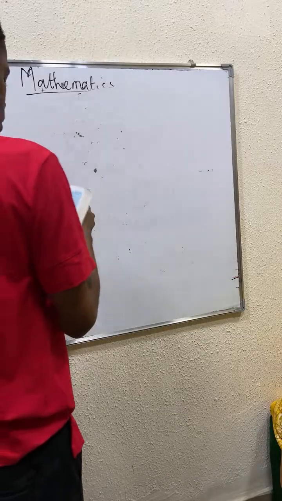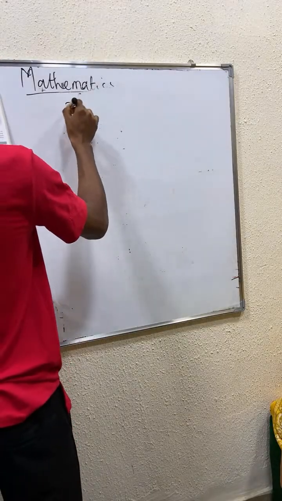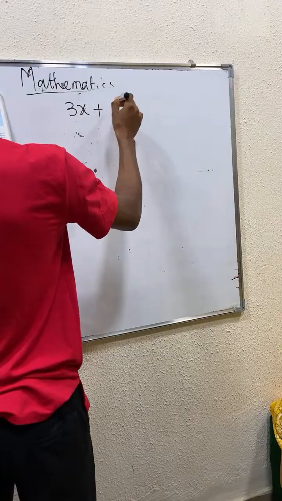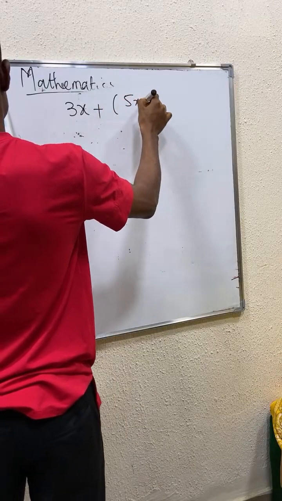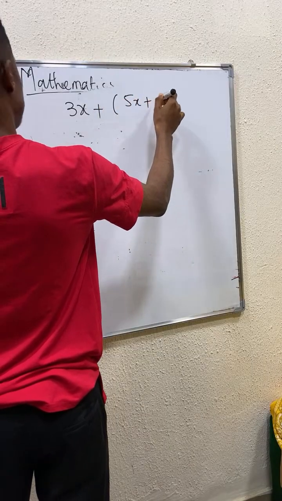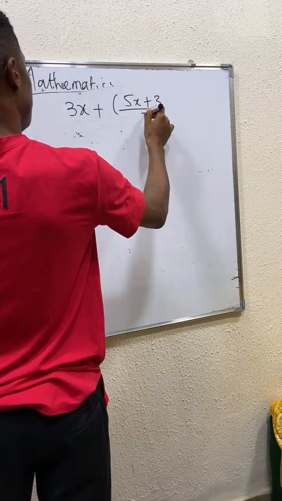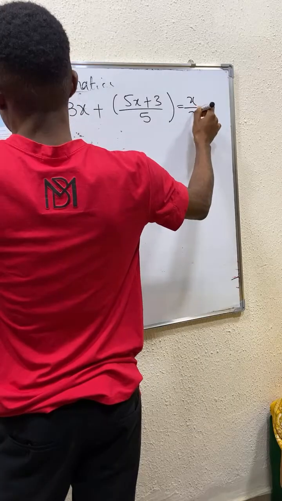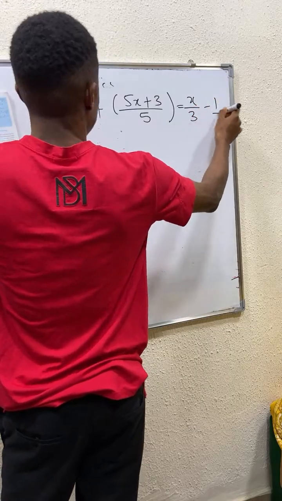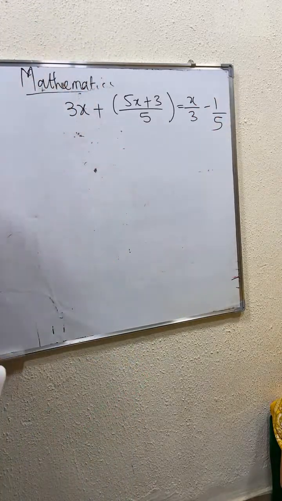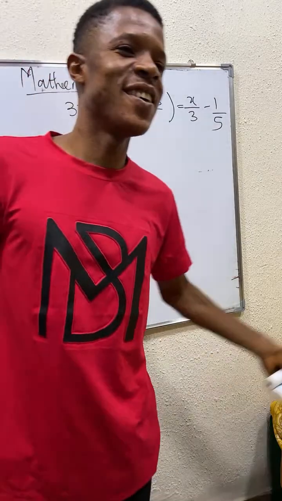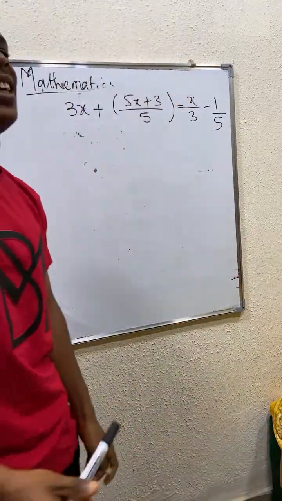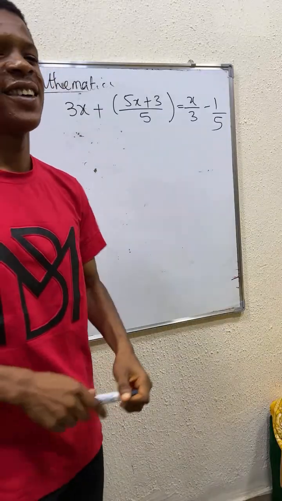Okay, let's do this one together. We have 3x plus (5x plus 3) over 5 is equal to x over 3 minus 1 over 5. The question is long, right?